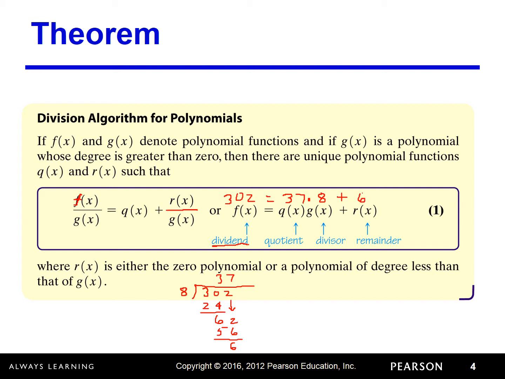And that's actually true. 56 plus 240, that's 296, plus 6, or 302. So this division algorithm is not anything way out in space. It's something we understand.